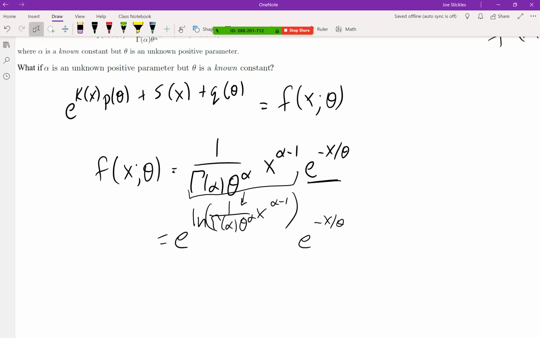First I would have a negative natural log of gamma of alpha, and then minus a natural log of theta to the alpha, and then plus alpha minus 1 natural log of x. Then we can add that to our other exponent, which has another minus x over theta piece. I think I've got all my stuff using the properties of logs appropriately there.